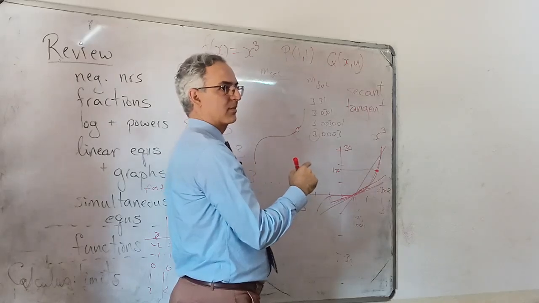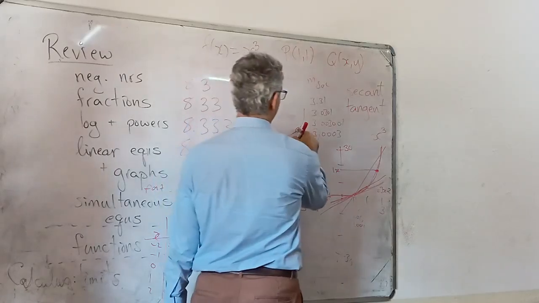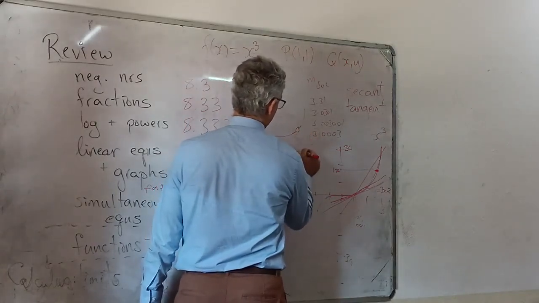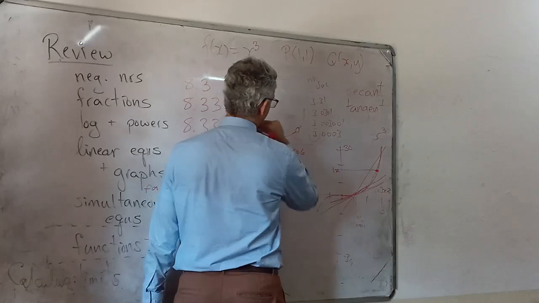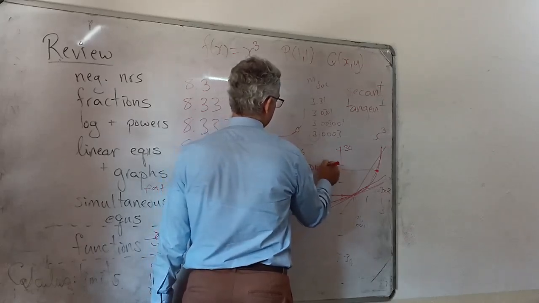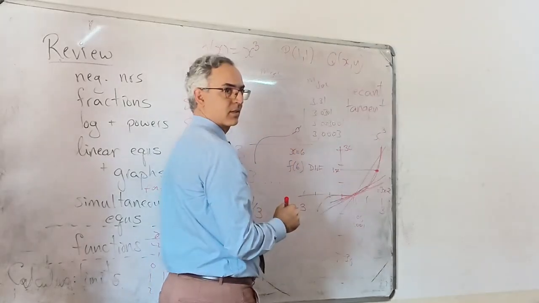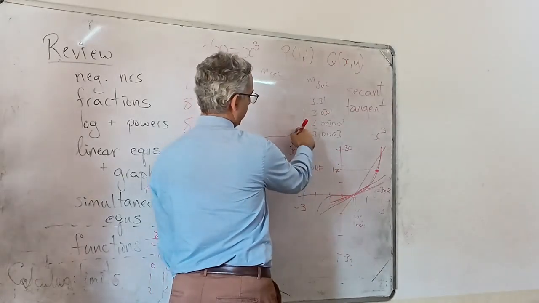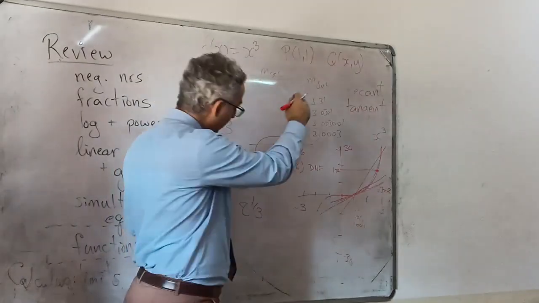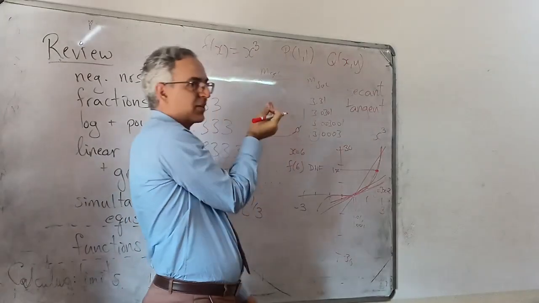If this is x equals 6, then f of 6 does not exist. At 6, there is no value of f. But everywhere tiny close to 6, it exists.